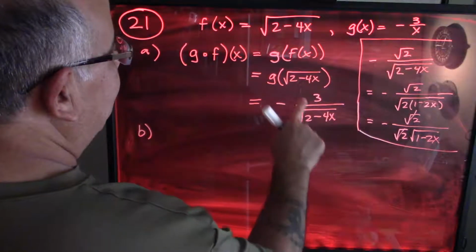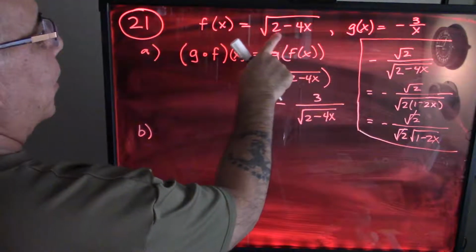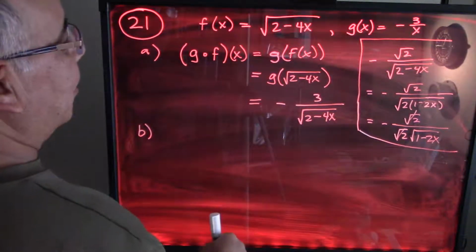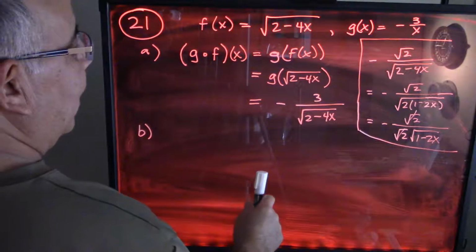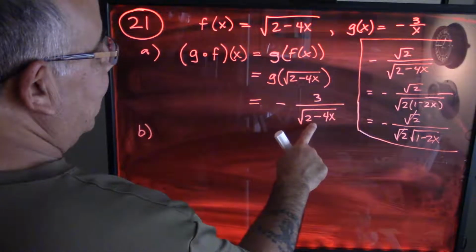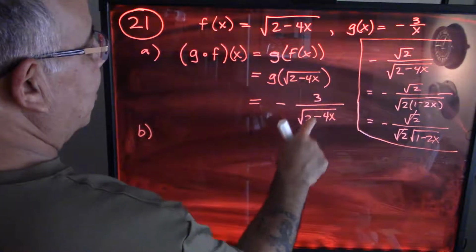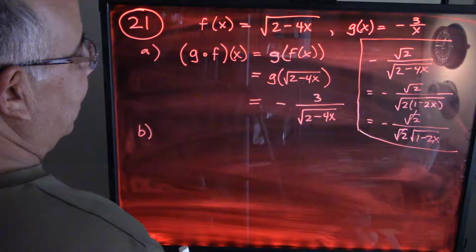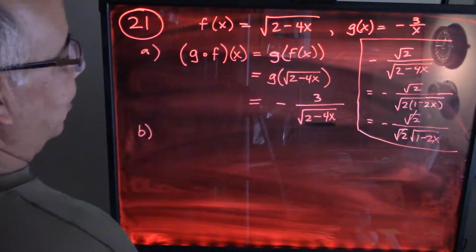Well, normally for this function f of x, the radicand would have to be greater than or equal to 0. 0 is okay. However, when it's written here in the denominator, it cannot equal 0 because square root of 0 is 0, and that would give you a 0 denominator in the fraction. So everything here has to be greater than 0.